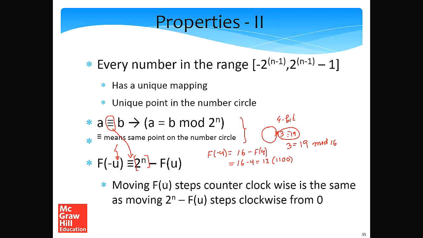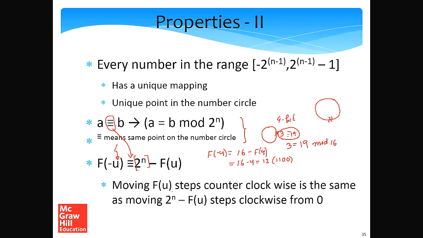Now, if we want to take a look at a proof of this, this can easily be proven again with the number circle method. This is how we'll define a number circle with a breakpoint over here. What we want to do is, if you want to find f of minus u, this is the same as moving a few steps counterclockwise.